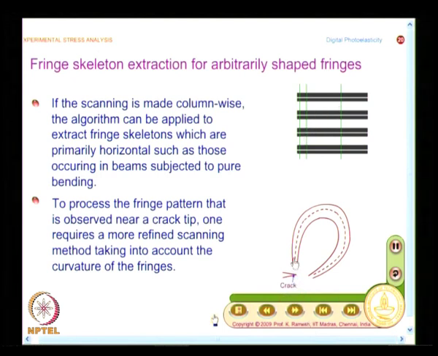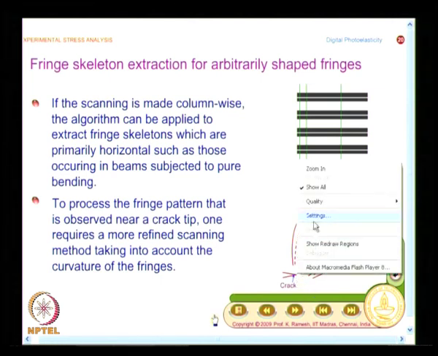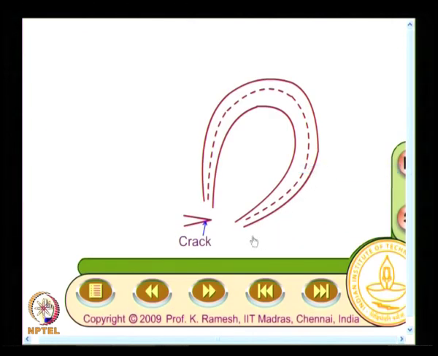Suppose I have a complex fringe pattern like this, which you see at the tip of a crack. The fringes are very sharp near the tip of the crack and they are very broad here. I cannot take a horizontal scan, I cannot take a vertical scan and pick out the skeleton.